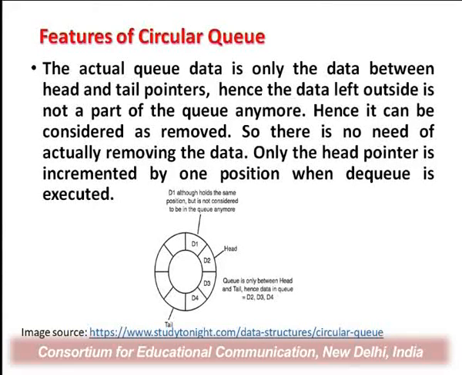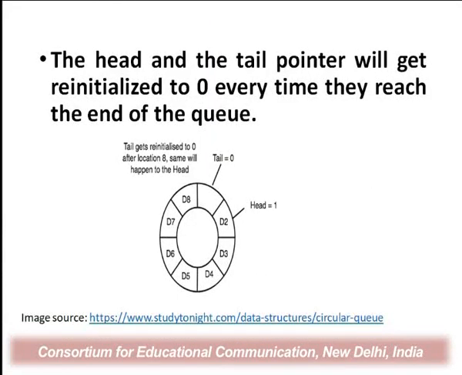So, the advantage here is there is no need of actually removing the data, which I have already told you is difficult in case of array static implementation. Only the head pointer is to be incremented by 1 position when dequeue is executed, as we normally do in linear implementation of the queues.